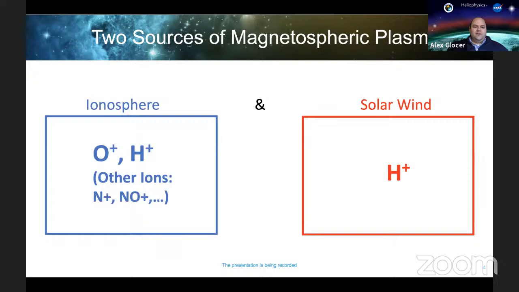And you have the ionosphere, which is providing protons as well as heavier ions such as oxygen, N+, NO+, and other species. Where the plasma comes from can have significant impacts for the magnetosphere as a whole.